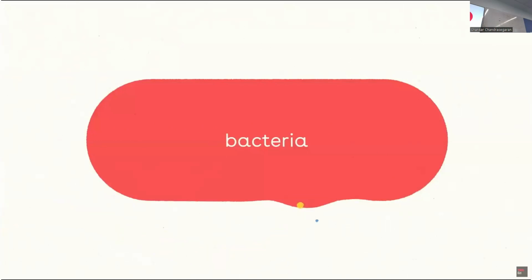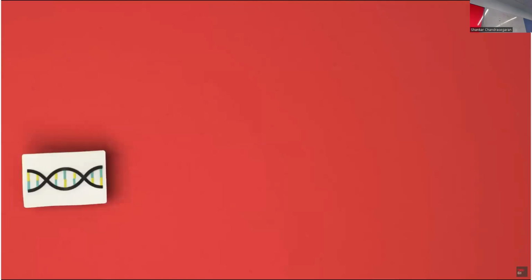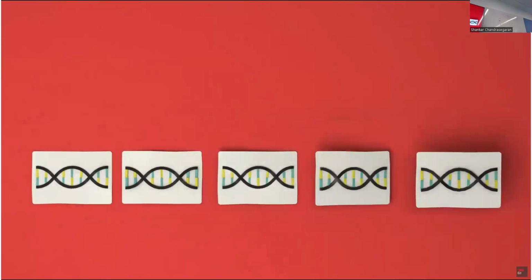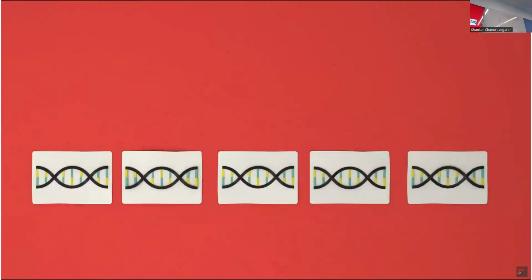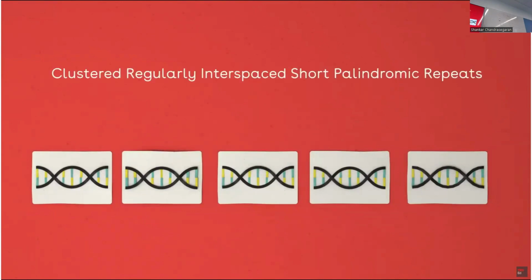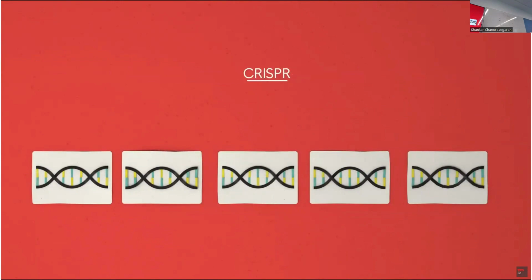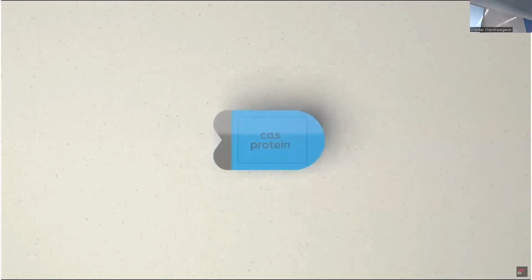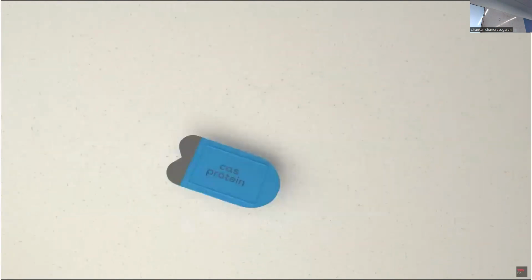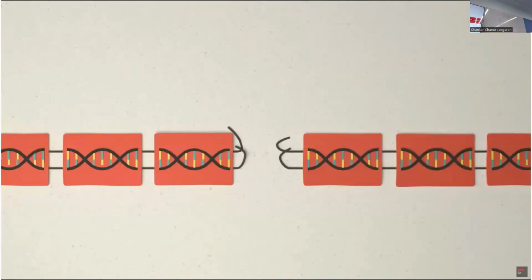Originally found defending single-cell bacteria and archaea against invading viruses, naturally occurring CRISPR uses 2 main components. The first are short snippets of repetitive DNA sequences called clustered, regularly interspaced short palindromic repeats, or simply CRISPRs. The second are Cas, or CRISPR-associated proteins, which chop up DNA like molecular scissors.